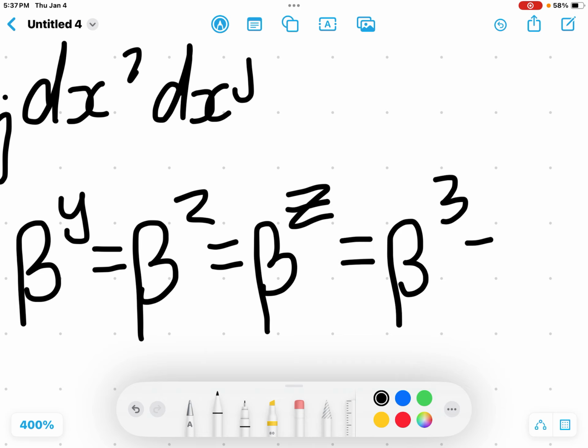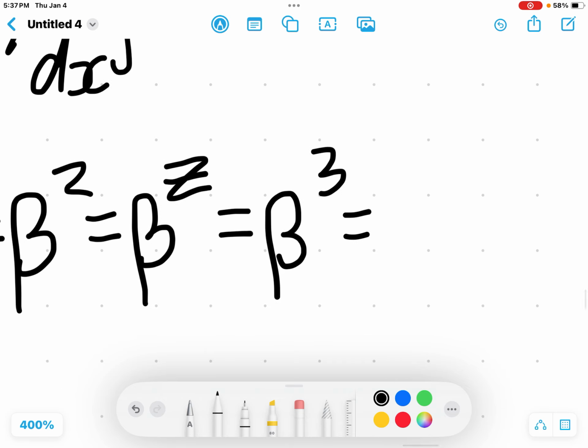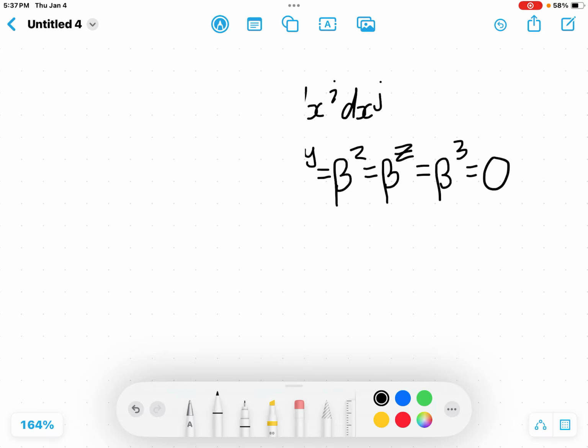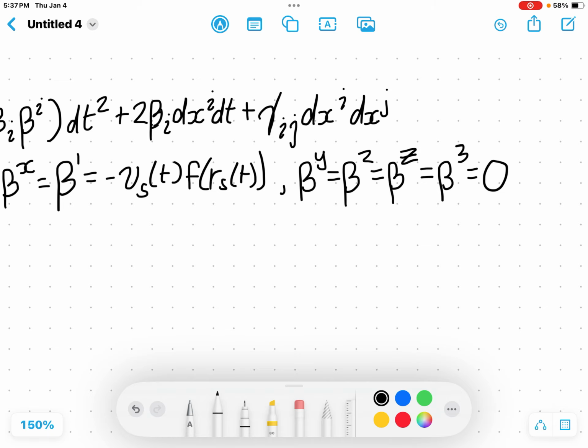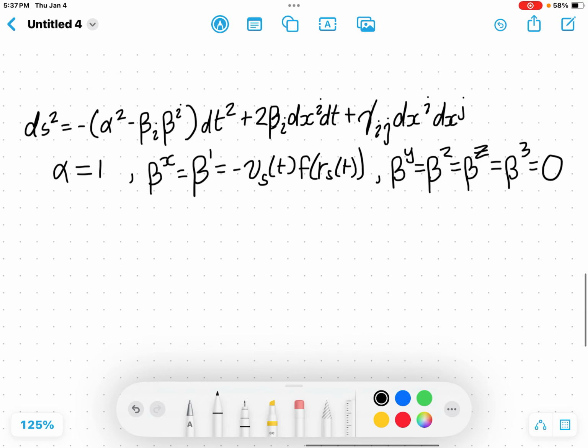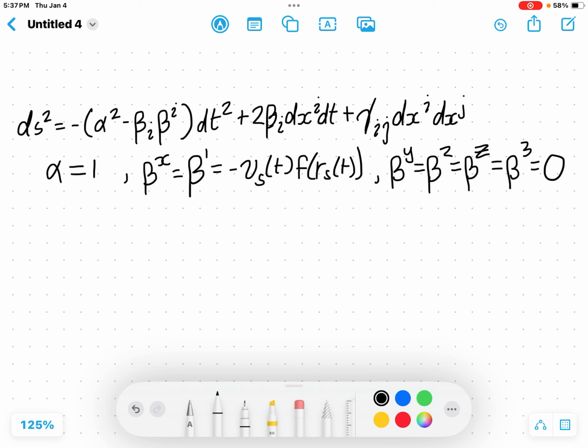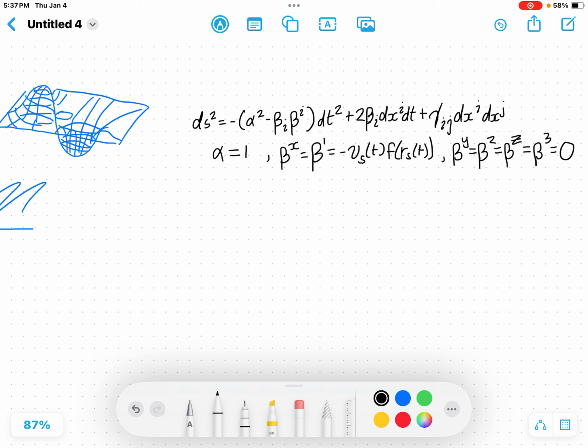So beta 3 is 0, basically. So what we're saying by the shift vector is that we're essentially just moving in the x and y directions, right? We're not moving up and down, as to not complicate the metric.